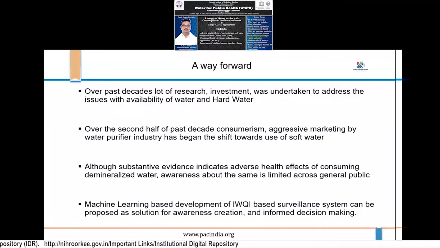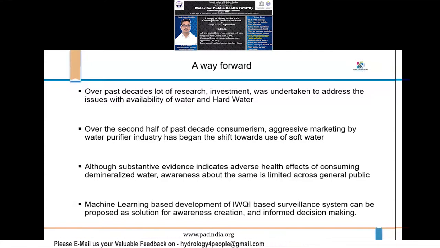Finally, there has been a lot of research done. There is no dearth of research indicating clearly that demineralized water consumption is a health issue, and even though it doesn't show its effects acutely, it's a chronic issue.